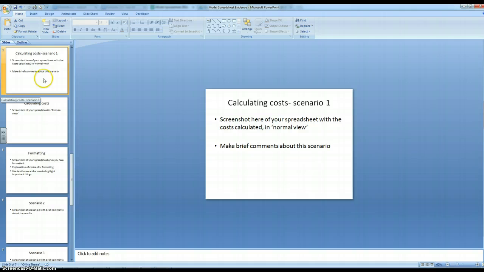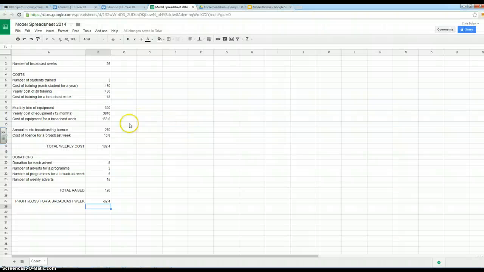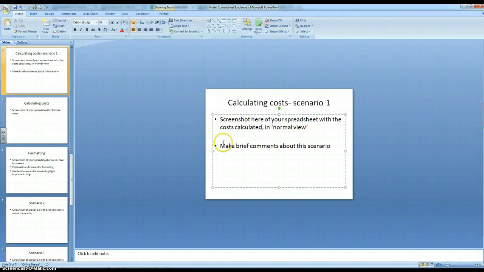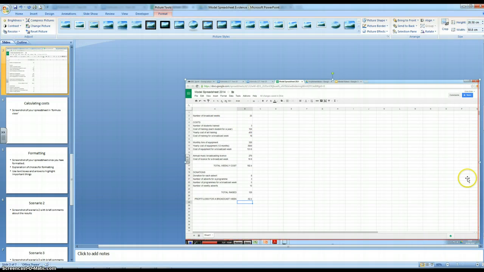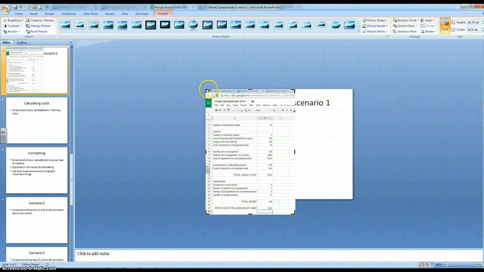So the first part is calculating costs, screenshot 1. Screenshot here of your spreadsheet with the cost calculated. Make brief comments about this scenario. So what I could do is make a screenshot of that and delete this, delete that, paste that in there, and again crop that down so it just includes the main area.